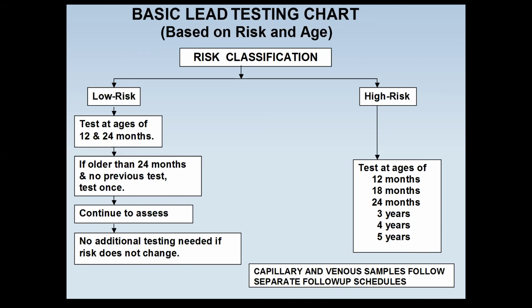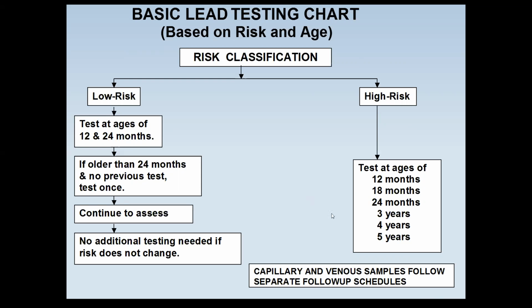On the other side, you see the high-risk testing, which shows the children who are at high risk for lead poisoning. These children need to be screened every 6 months starting at the age of 12. There is a questionnaire with several questions, and parents need to fill it out for the physicians to follow up on what testing is necessary for these children.